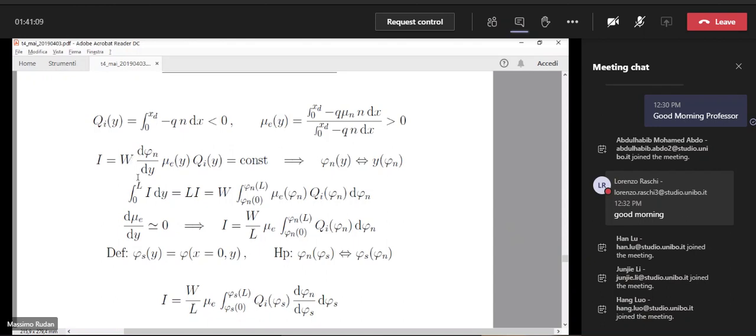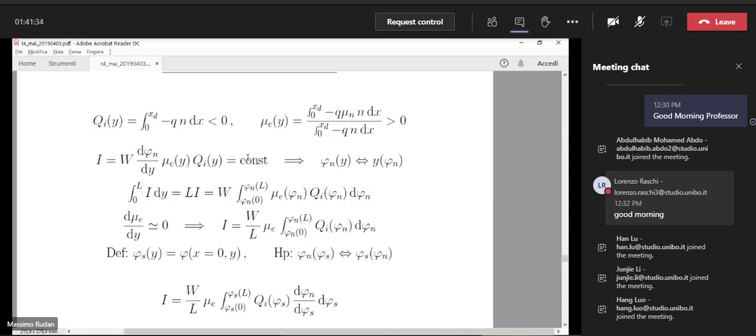Conclusion, this derivative, d phi n over d y, is either always positive or always negative. So phi n is a monotonic function of y. Being so, phi n is invertible.